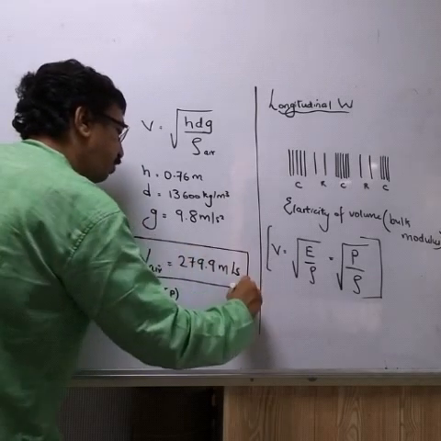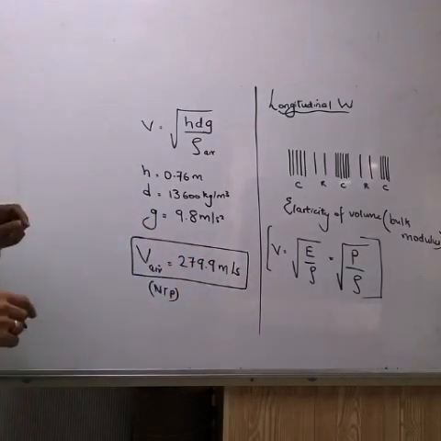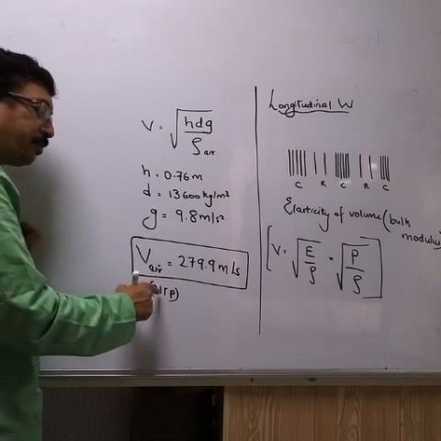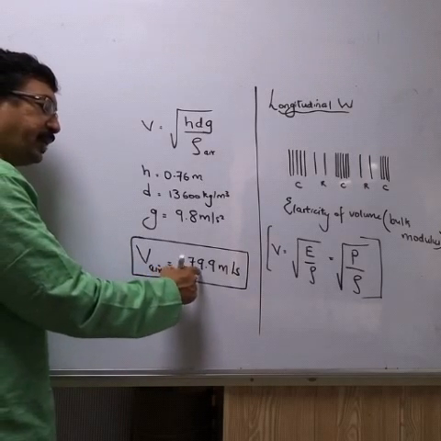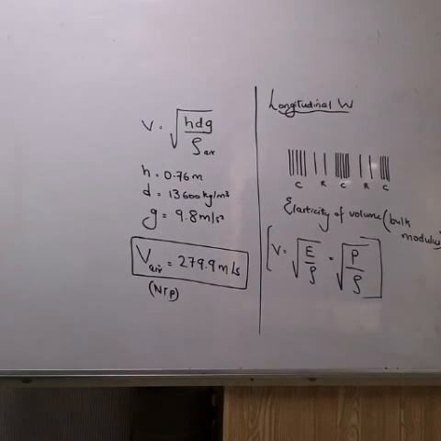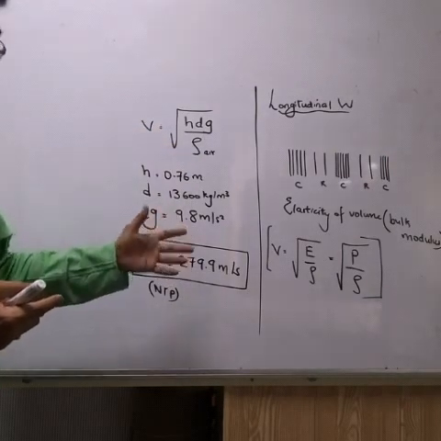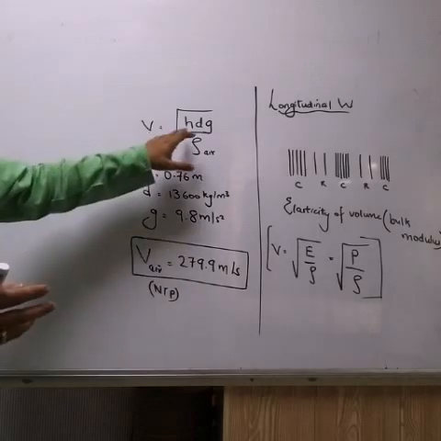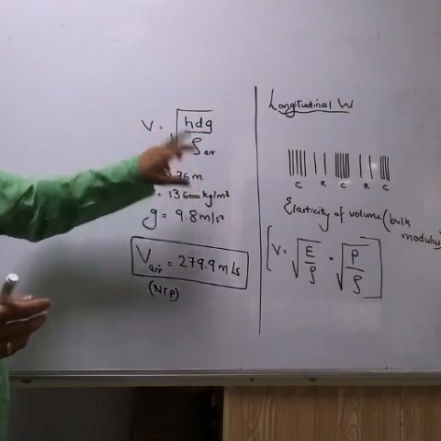This is the velocity of sound in air at normal temperature pressure. So this is the theoretical value which you obtain when you put the value of H, D, G and density of air.